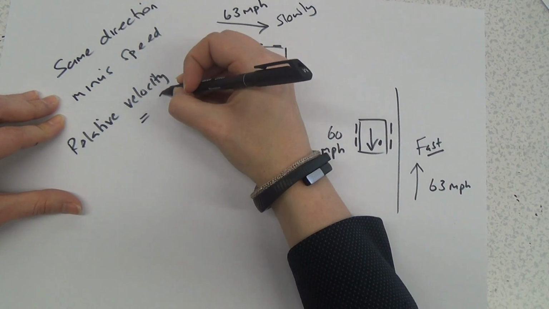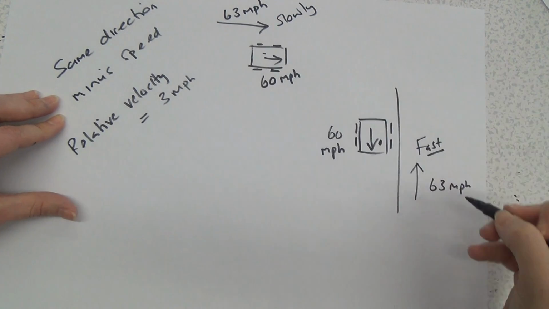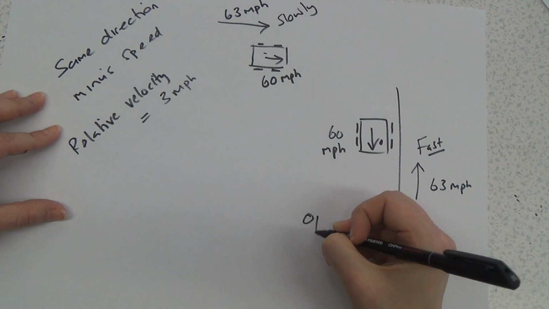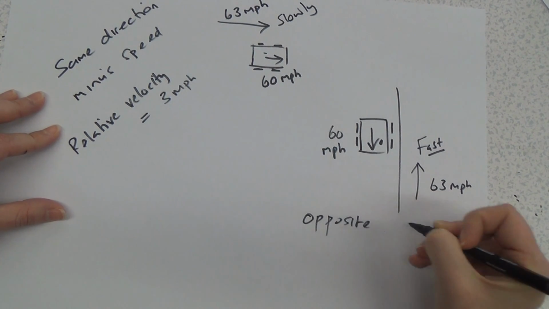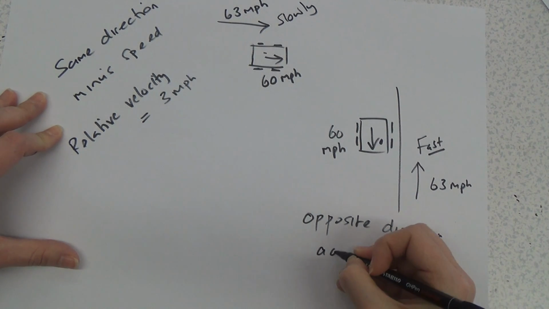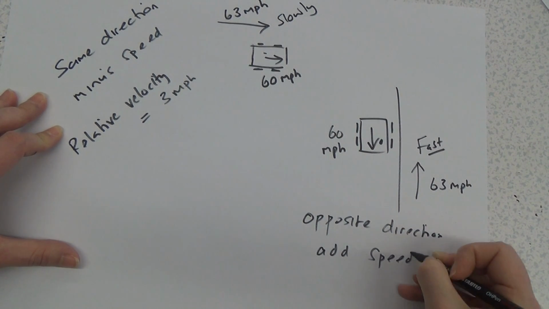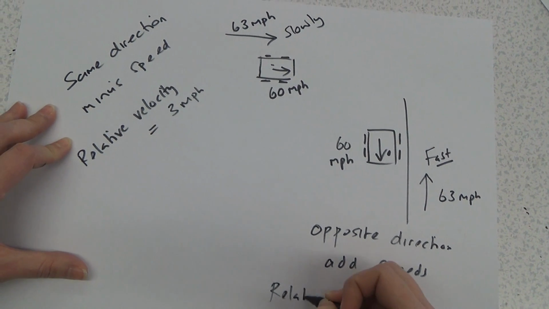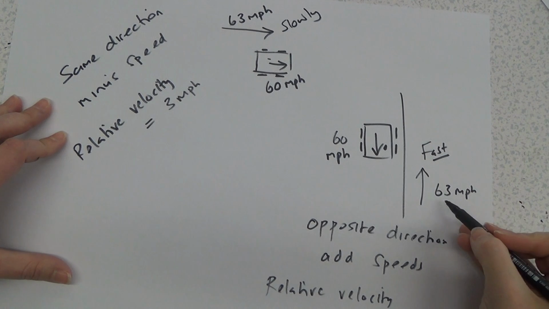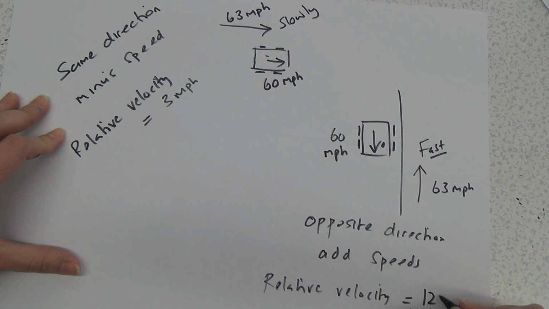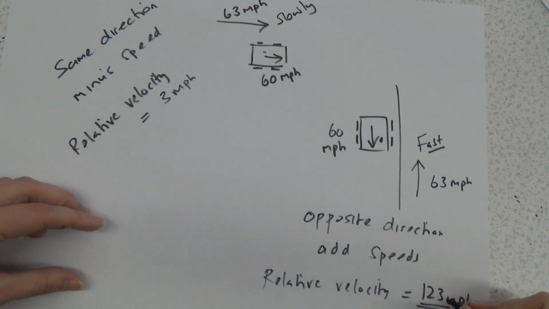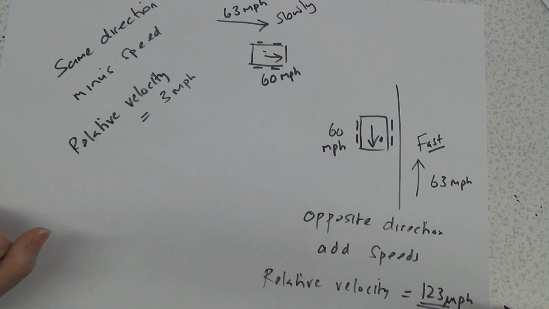So the relative velocity will be 3 miles per hour. Okay, that's quite a slow speed. If you are going in opposite directions, like in this case, you do something different. You add the speeds. So the relative velocity in this particular case will be a combination of 60 and 63, so that will equal 123 miles per hour. No wonder it feels like it's going past you with such speed.